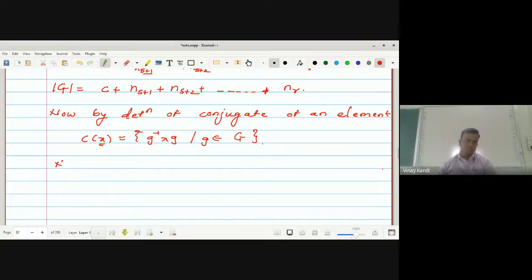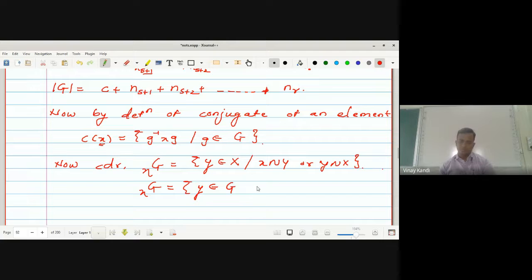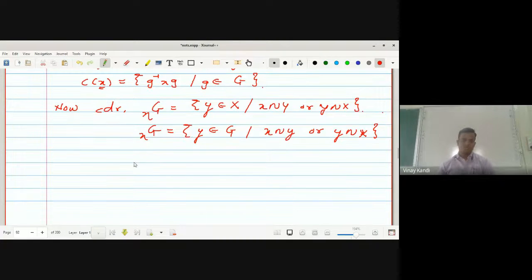Okay, now consider what is XG. Collection of those elements such that X is related to Y or Y is related to X. But what is X here? Your X is G, such that X is related to Y or Y is related to X. What is XG?